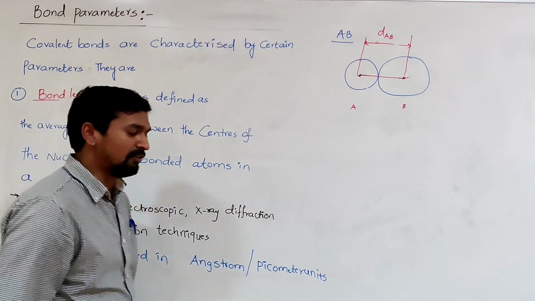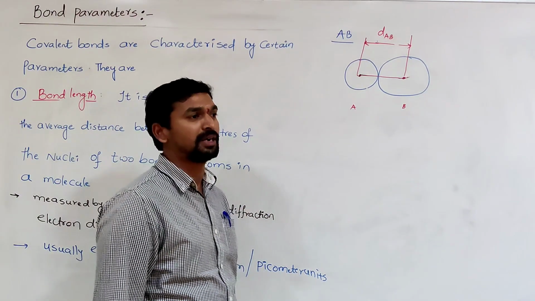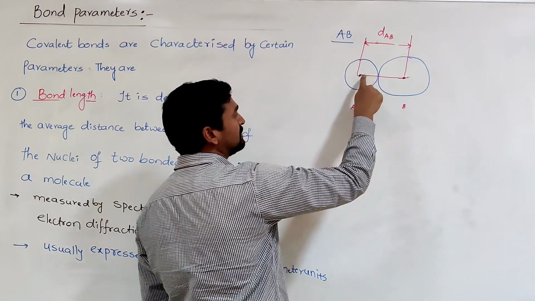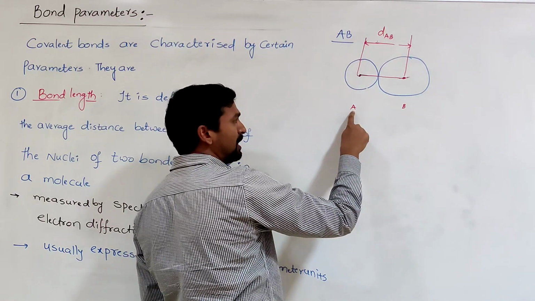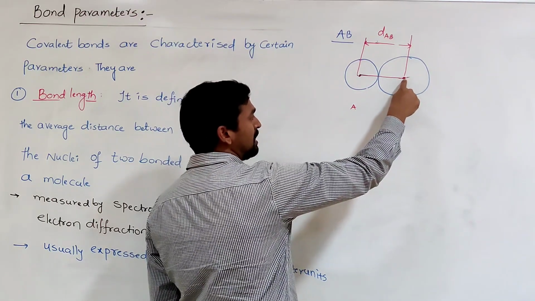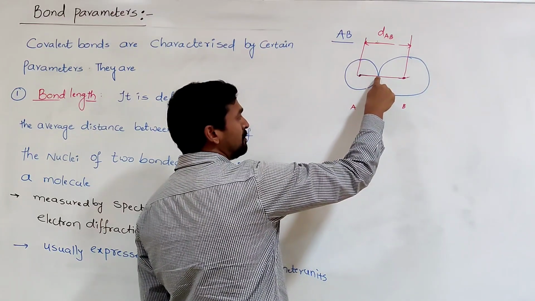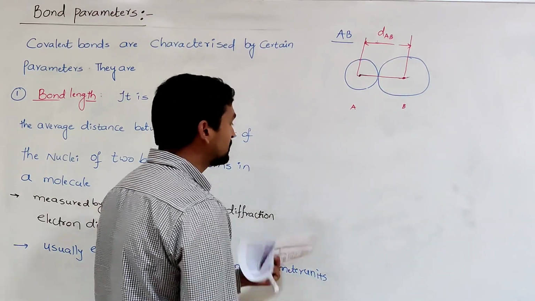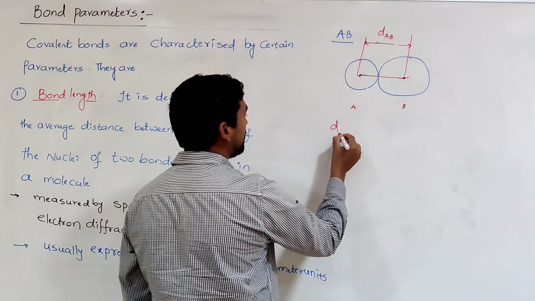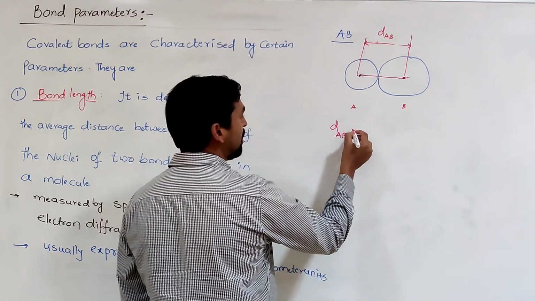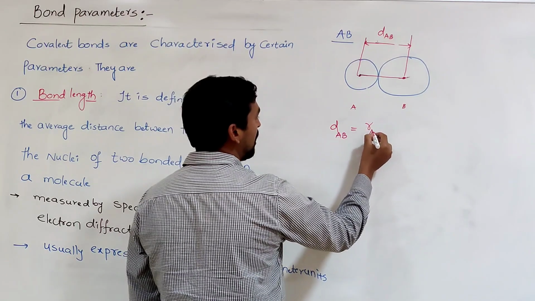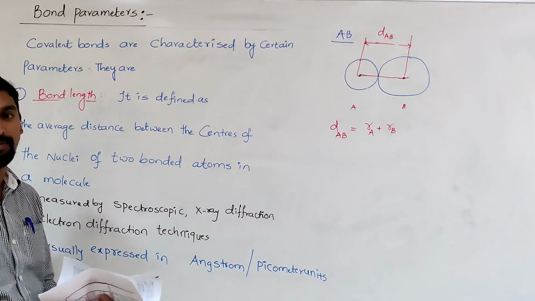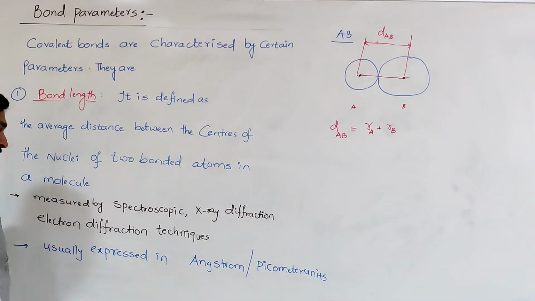So from the center of the nucleus of A to the mean position of the shared pair of electrons is the radius of A, and from the center of the nucleus of B to the mean position of the shared pair is the radius of B. That means the distance between the two nuclear centers of the bonded atoms is equal to R_A plus R_B, radius of A plus radius of B. That is called bond length.